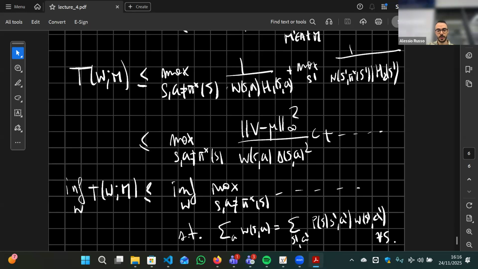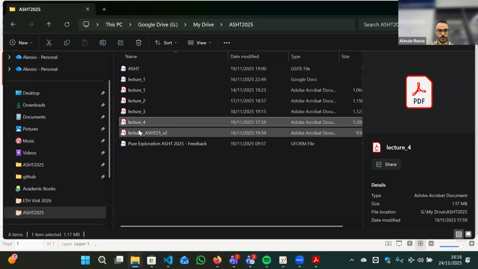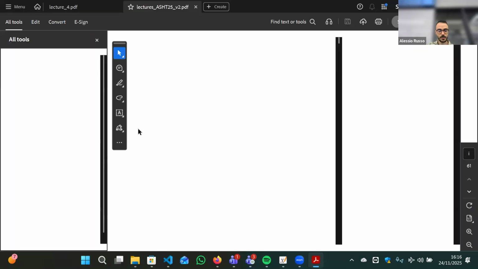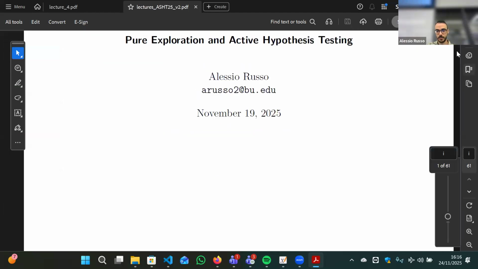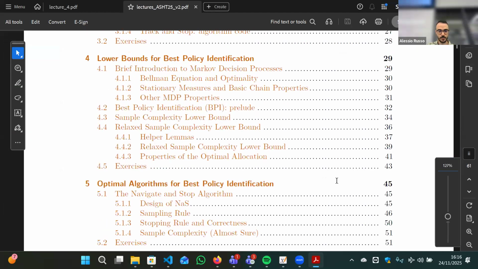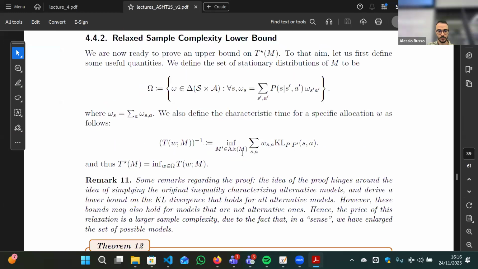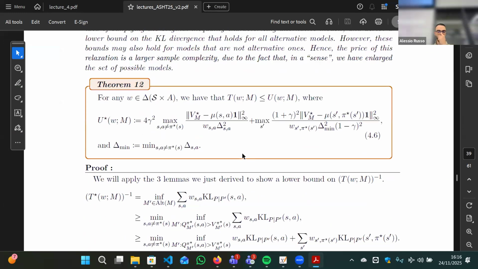Now I will maybe show the lecture notes for this, since it's a bit more clear. What we showed is that the characteristic time evaluated in any distribution W is upper bounded by this relaxation.